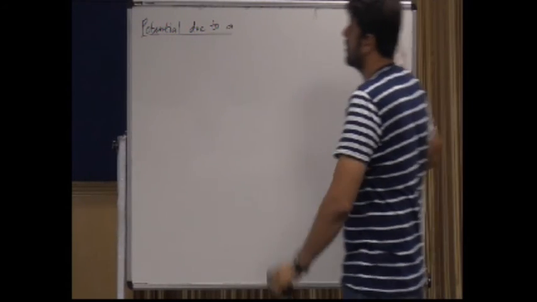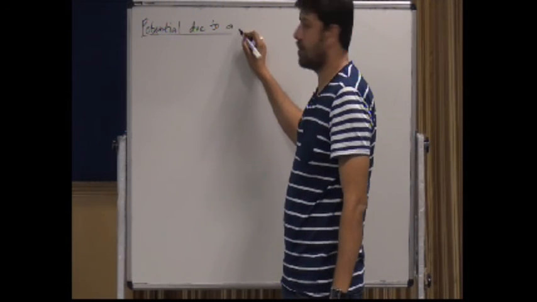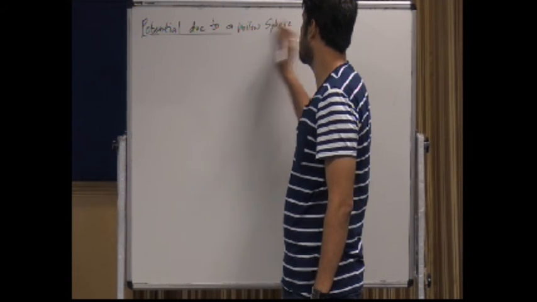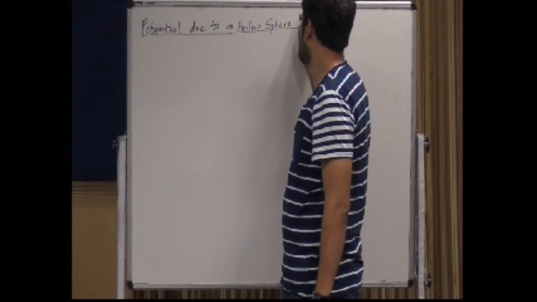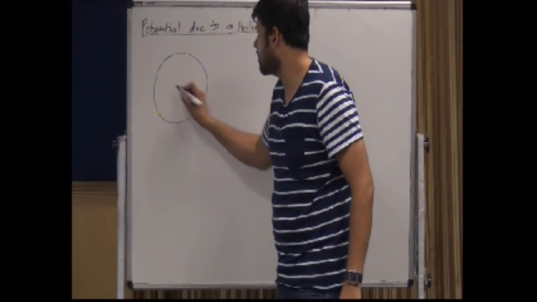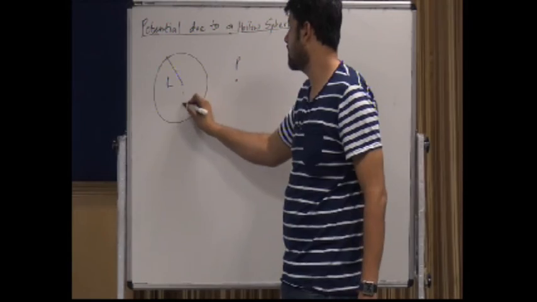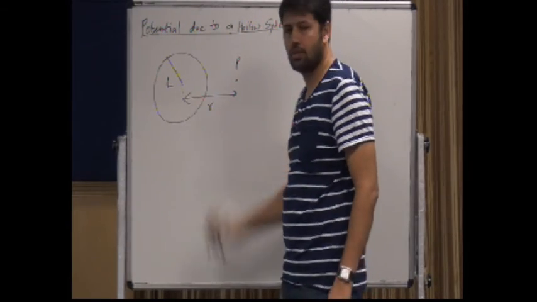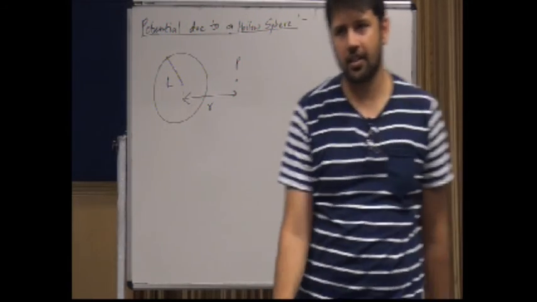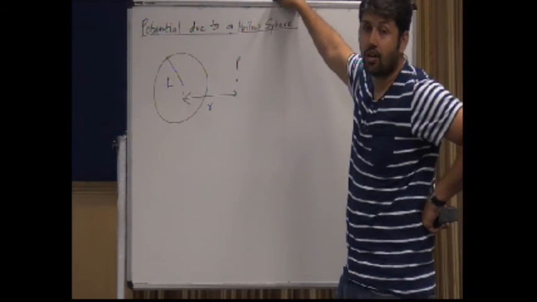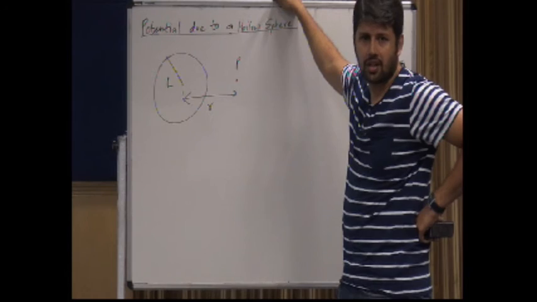Now this is potential due to a hollow sphere. This is a hollow sphere, radius r, point P is outside. Since for an outside point, the hollow sphere behaves as what? A point charge.